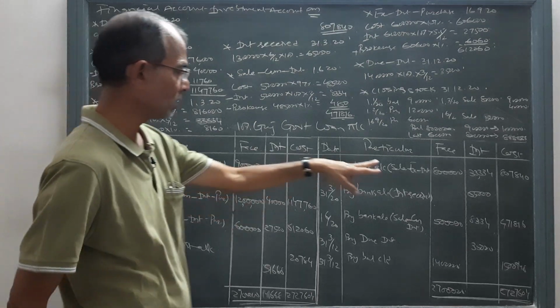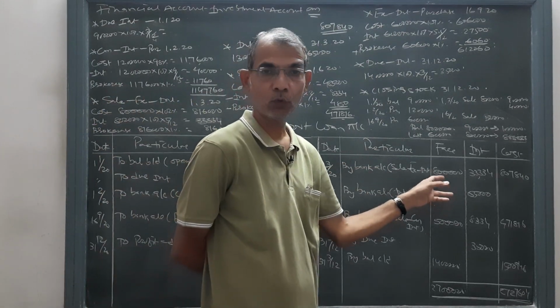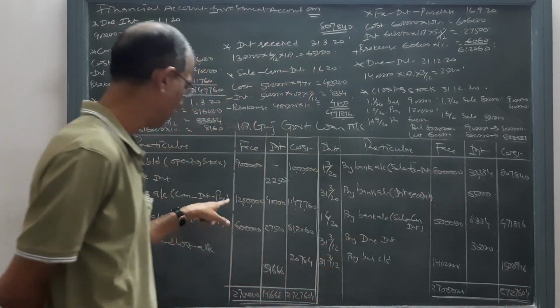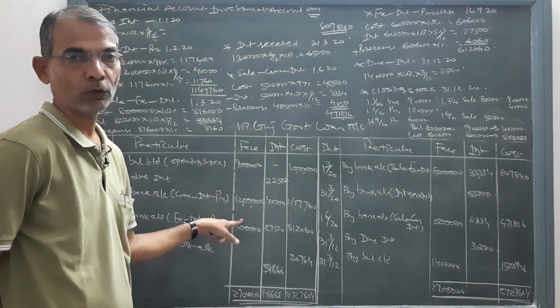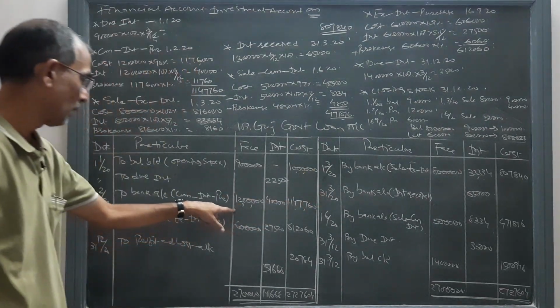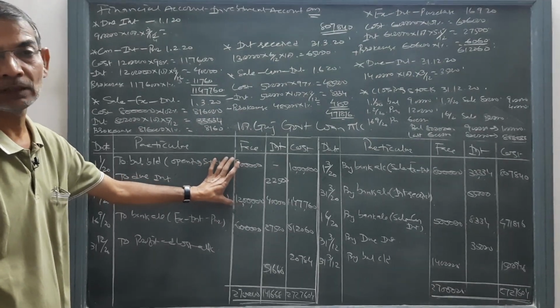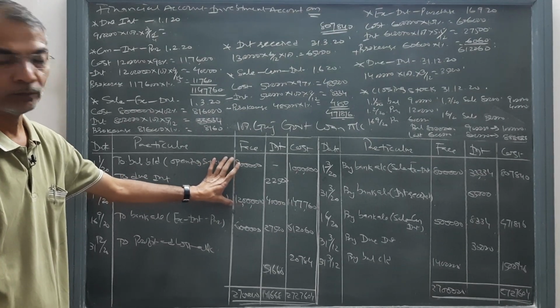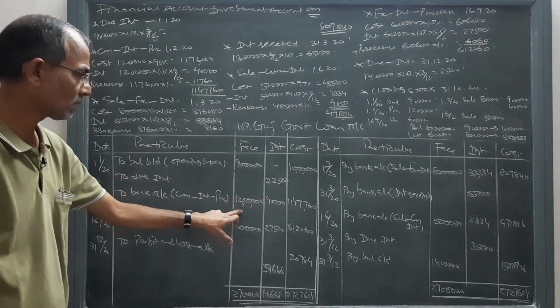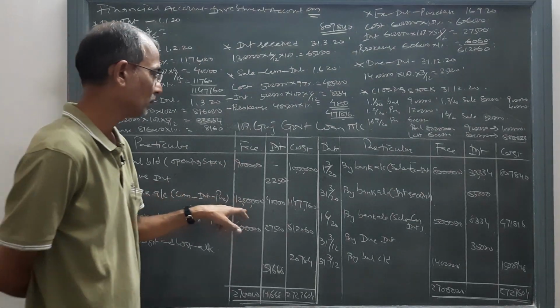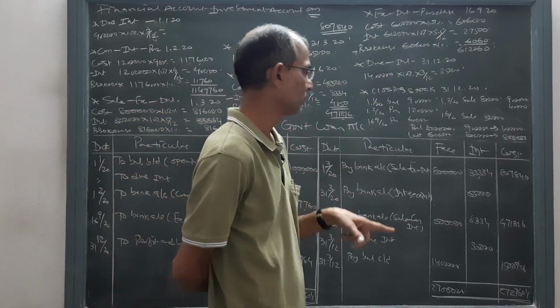So the first security which was sold, of 8 lakh, will be subtracted from this security, because on this date both these securities were on hand. So as per the LIFO method, what was purchased last will be released first. Balance of this security will remain 4 lakh.